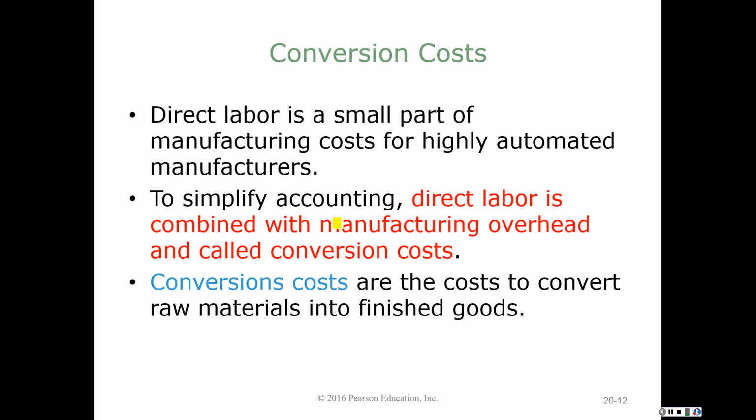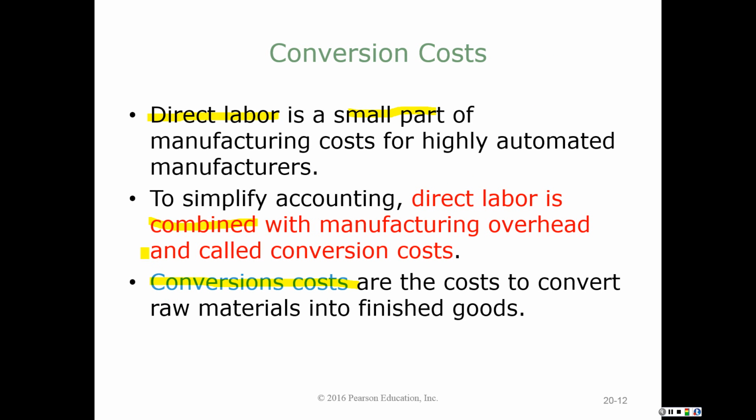Now, in process costing, most manufacturers that are using process costing incur a very small amount of direct labor in the process. So in the process costing system, we simplify things a little bit and we combine direct labor with overhead cost and simply call these costs conversion costs.